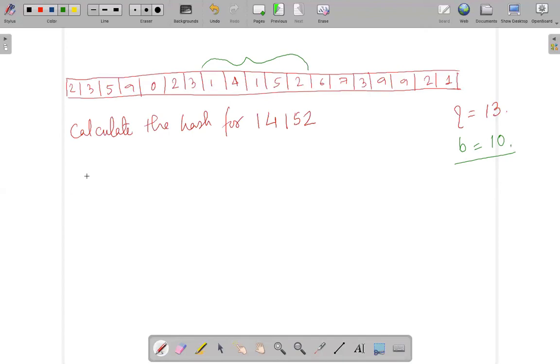So given this, we can compute the hash for 14152.